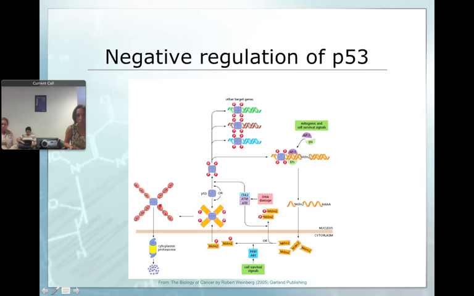Ubiquitin is a small protein, about 60 amino acids. And you get a chain of those ubiquitin molecules added to the target protein. And then the ubiquitin comes over here, and this protein, or in this case, a bunch of them, is fed into this disposal unit. And it gets chopped up into little pieces.